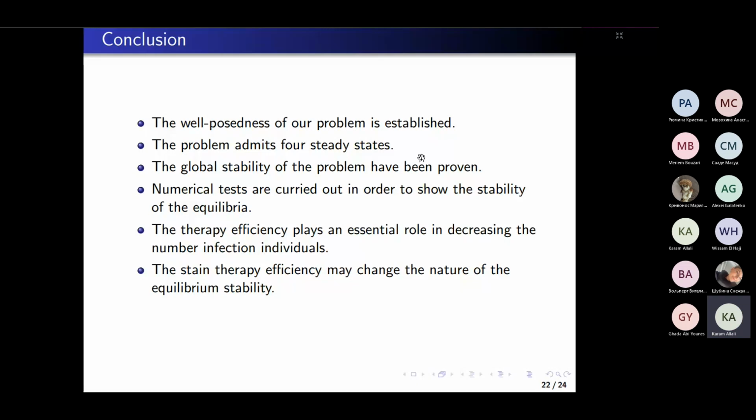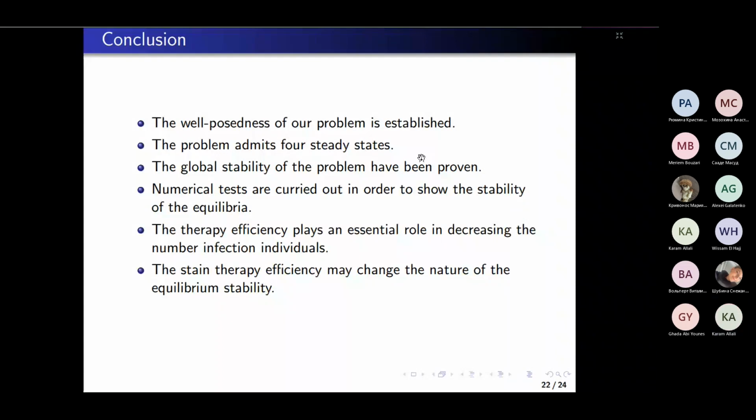We have carried out some numerical tests in order to show the stability of the equilibrium, and more precisely to see the efficiency of each therapy on the disease. The therapy efficiency plays an essential role in decreasing the number of infected individuals, and the strain therapy may change the nature of the equilibrium stability.